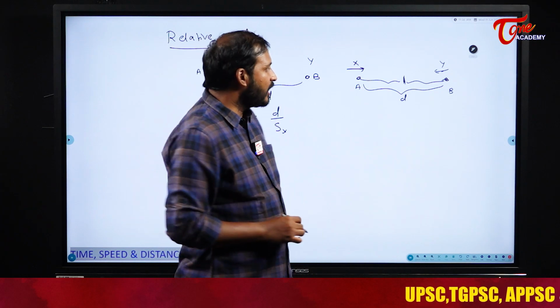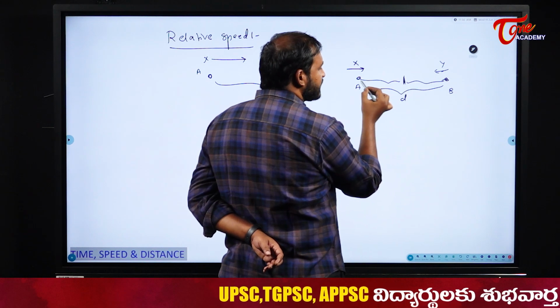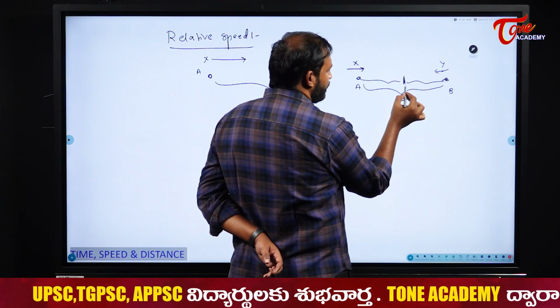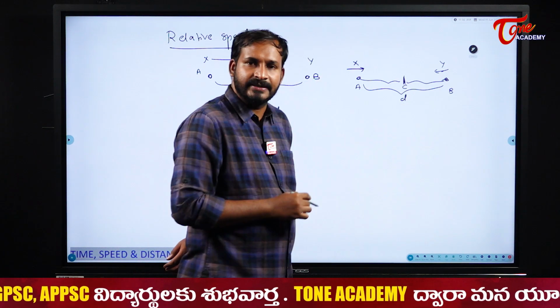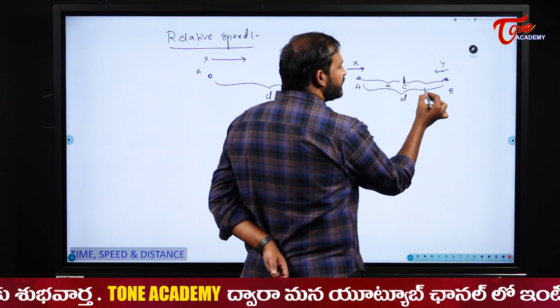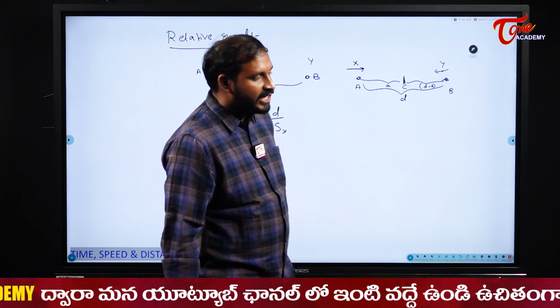Please observe here. Assume the meeting point is C. If the distance travelled by X is A, what is the distance travelled by Y? D minus A, right?